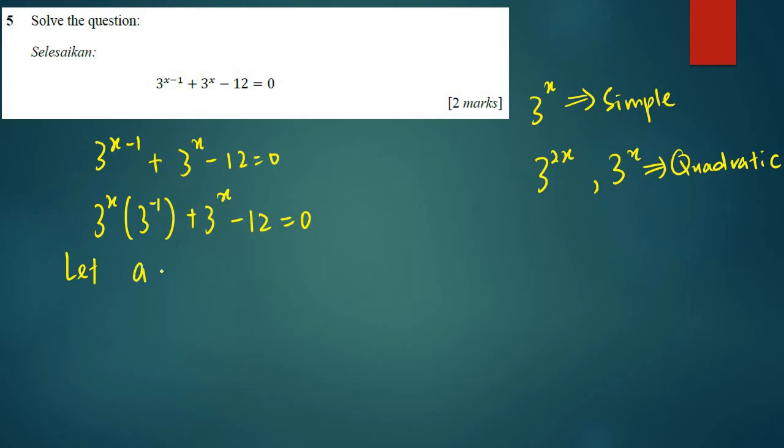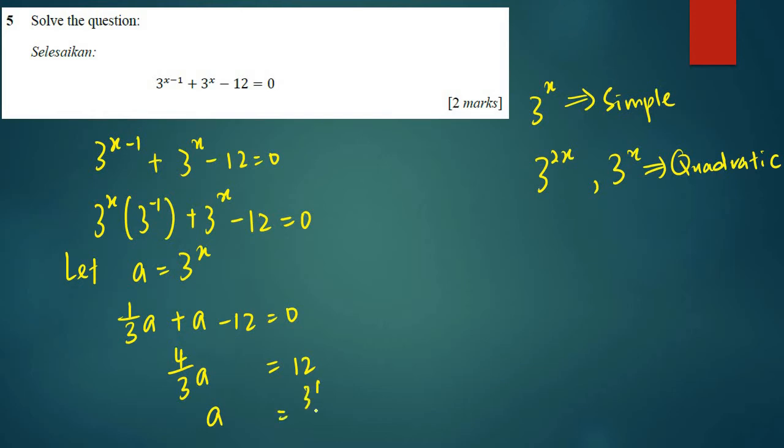We can let a equal 3^x. So the first term is 1 over 3 times a, plus a, equals 12. 1 over 3a plus a is 4 over 3a equals 12, so a equals 36 over 4, which equals 9.